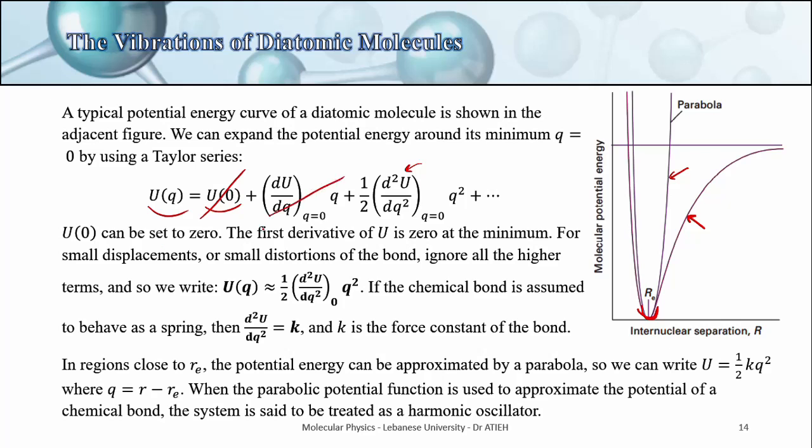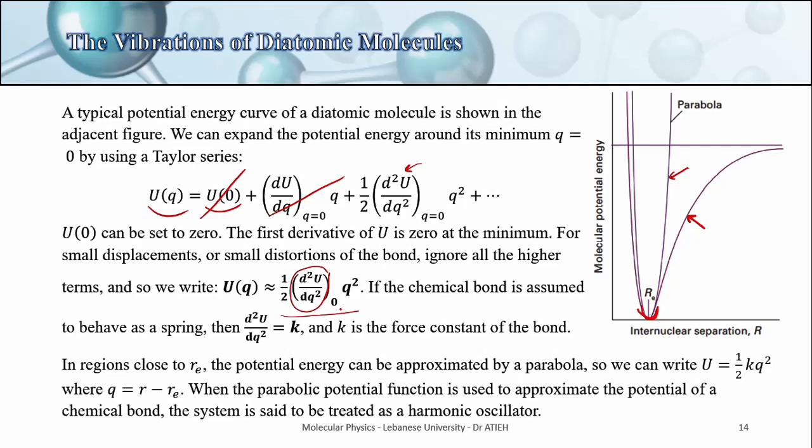The first derivative is also equal to 0 because at the equilibrium it is a minimum. For small displacements or small distortions of the bond from its equilibrium value, we can approximate U, the potential energy of a diatomic molecule, to half the second derivative of U at 0 times q squared. You can see that it's proportional to q squared.